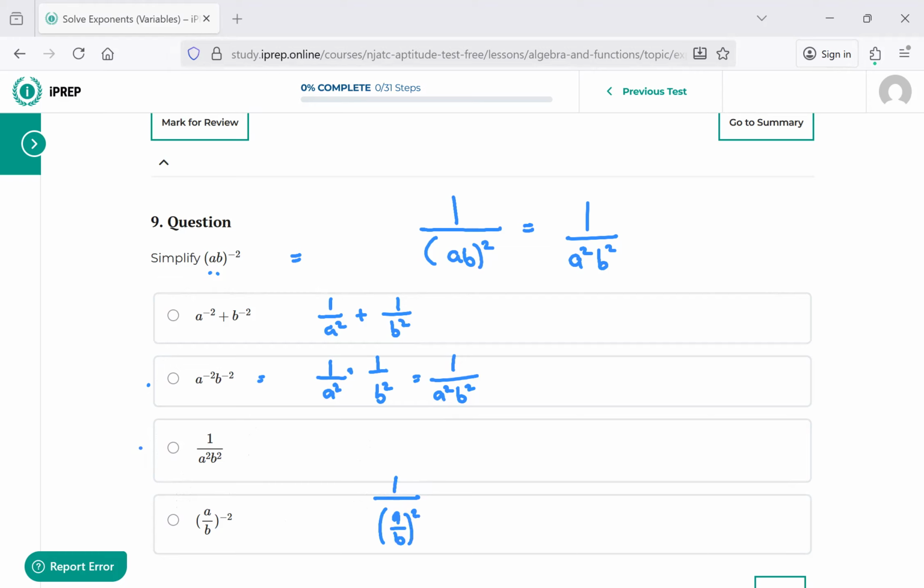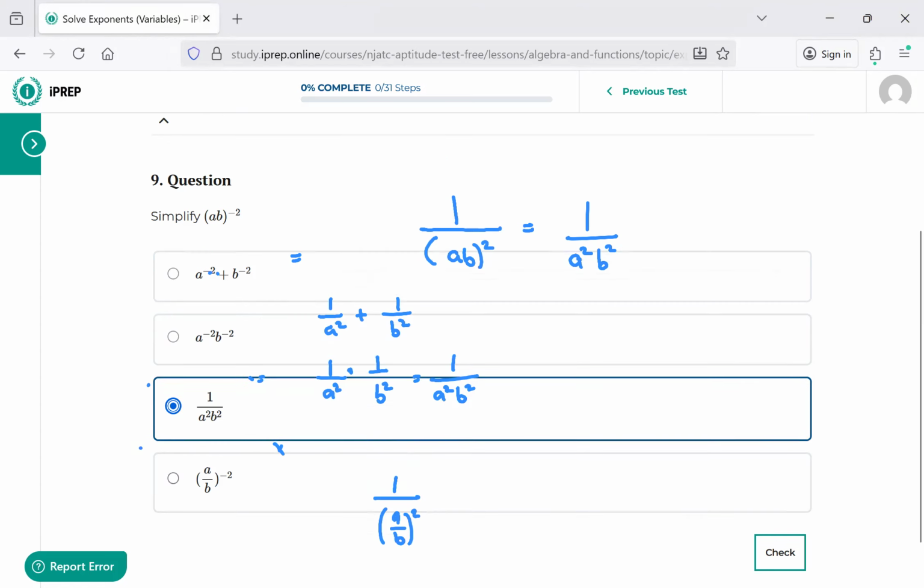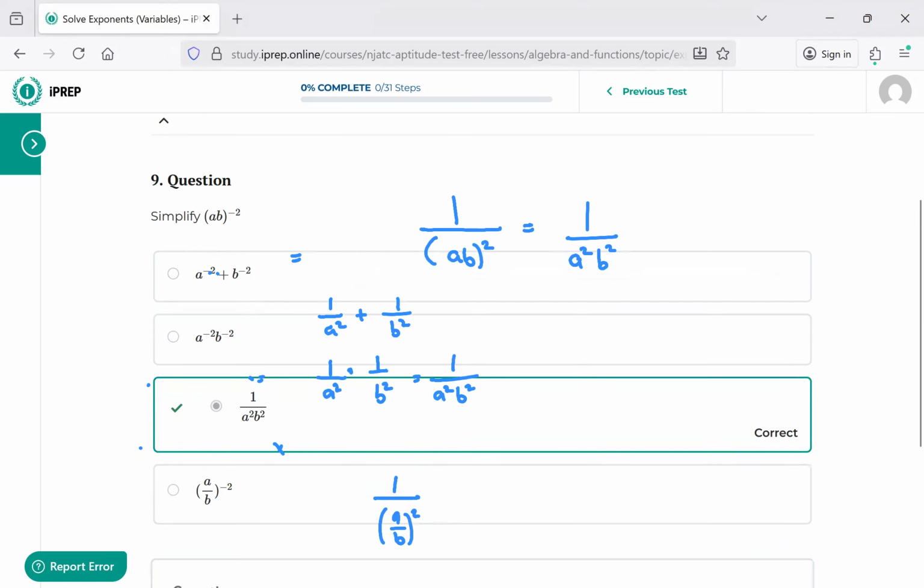So what do you think? What would my gut say? Let me think. I think it's this one. Let's just find out. Oh, it is.